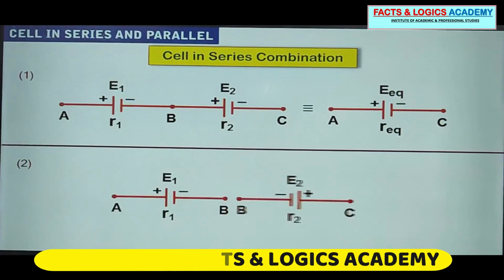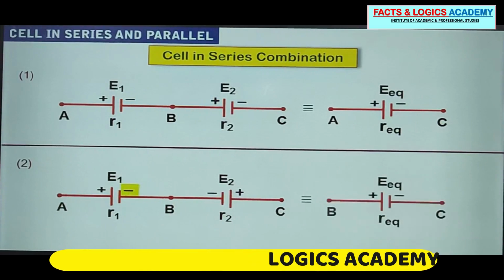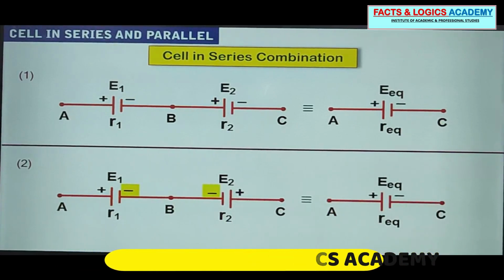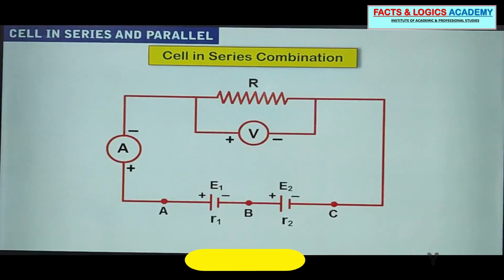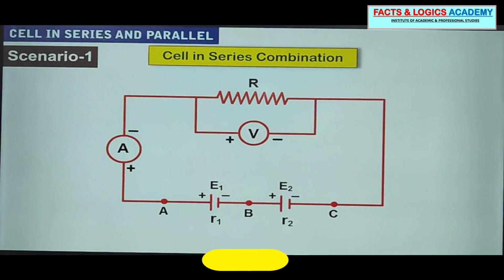In the second way, the negative electrode of the first cell is connected to the negative electrode of the second cell. Let us now analyze the first scenario, where the negative electrode of the first cell is connected to the positive electrode of the second cell.